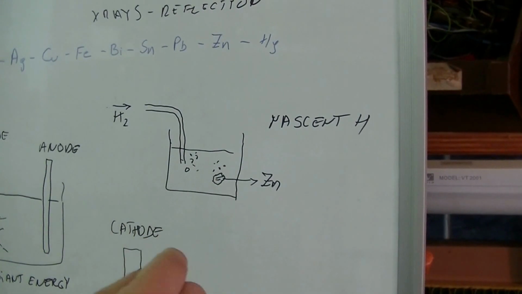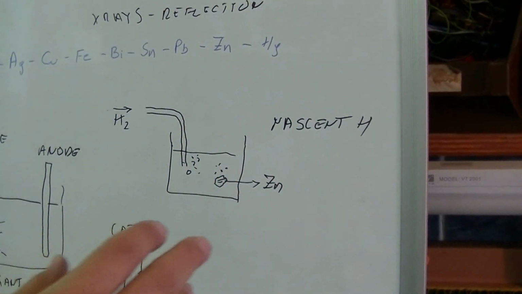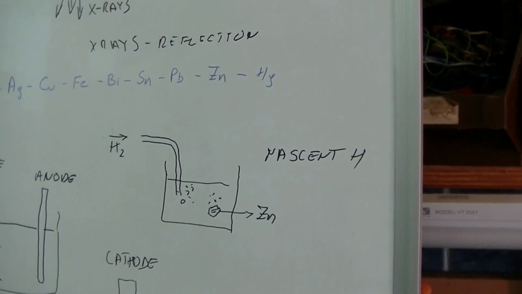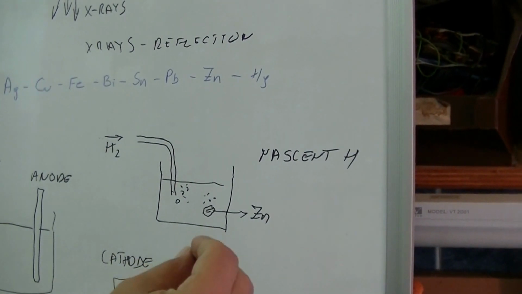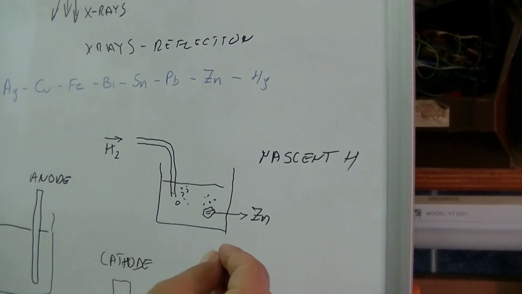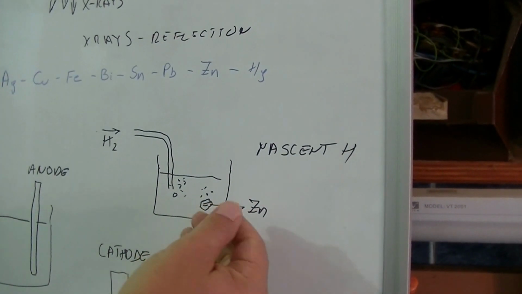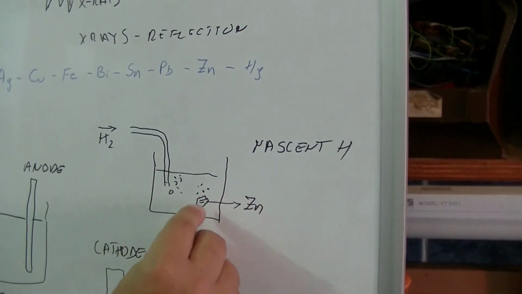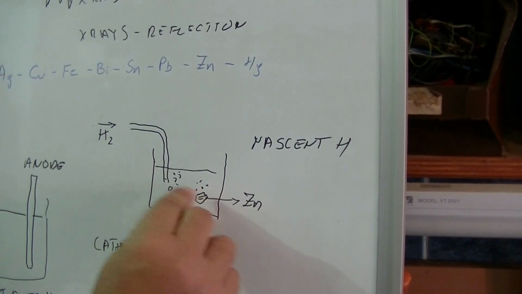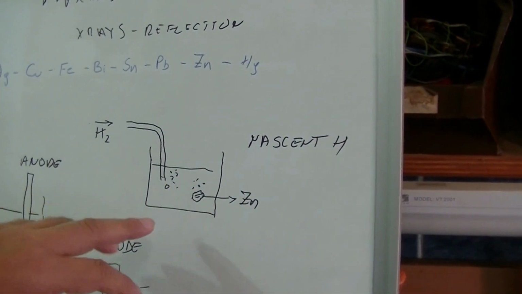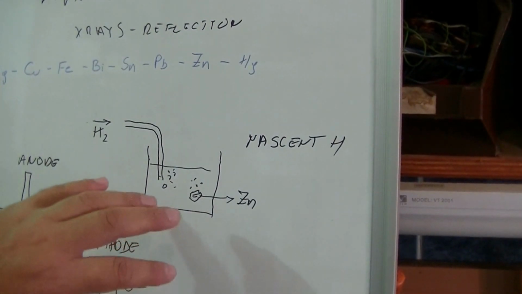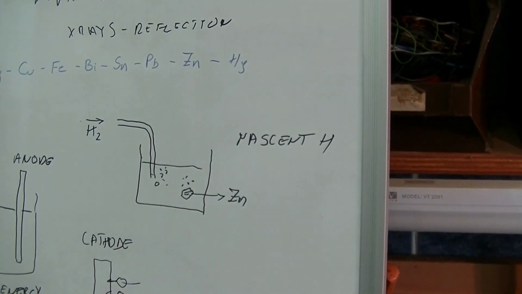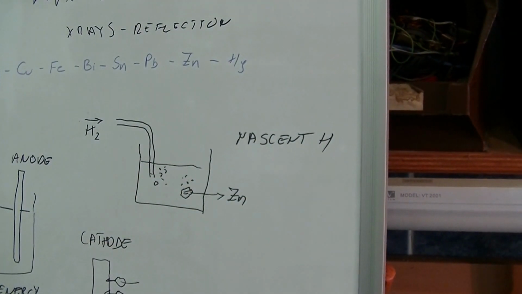But if we put in zinc, actually pure zinc does not react with acids, but the impurities which zinc has make it act like a battery, like galvanic electrolysis. So the hydrogen will be produced and make a reaction with ferric chloride. It is known as nascent hydrogen, which means hydrogen in the moment of creation.